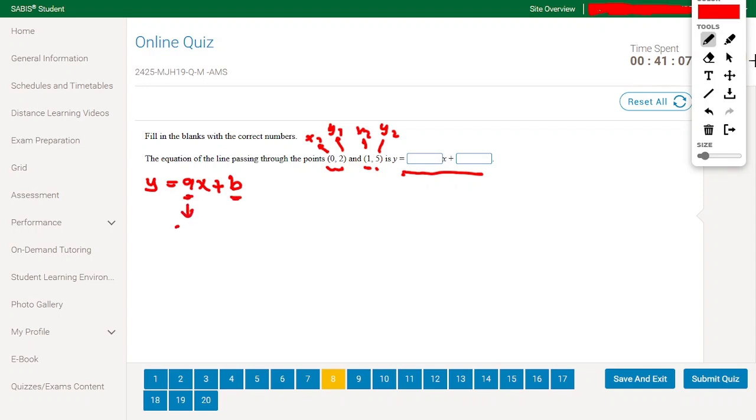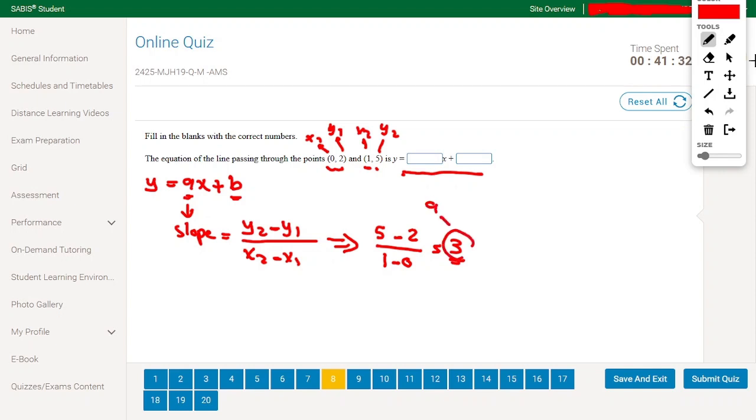For a, this is the slope, a equal to y2 minus y1 divided by x2 minus x1. So a equal to 5 minus 2 divided by 1 minus 0. So the slope will be equal to 3. And this slope is a.